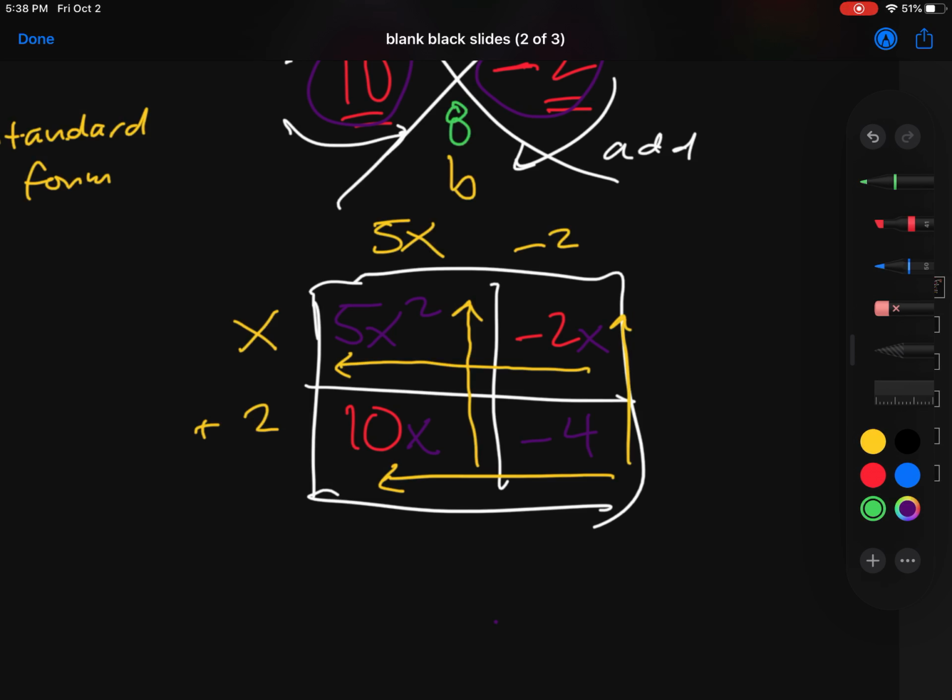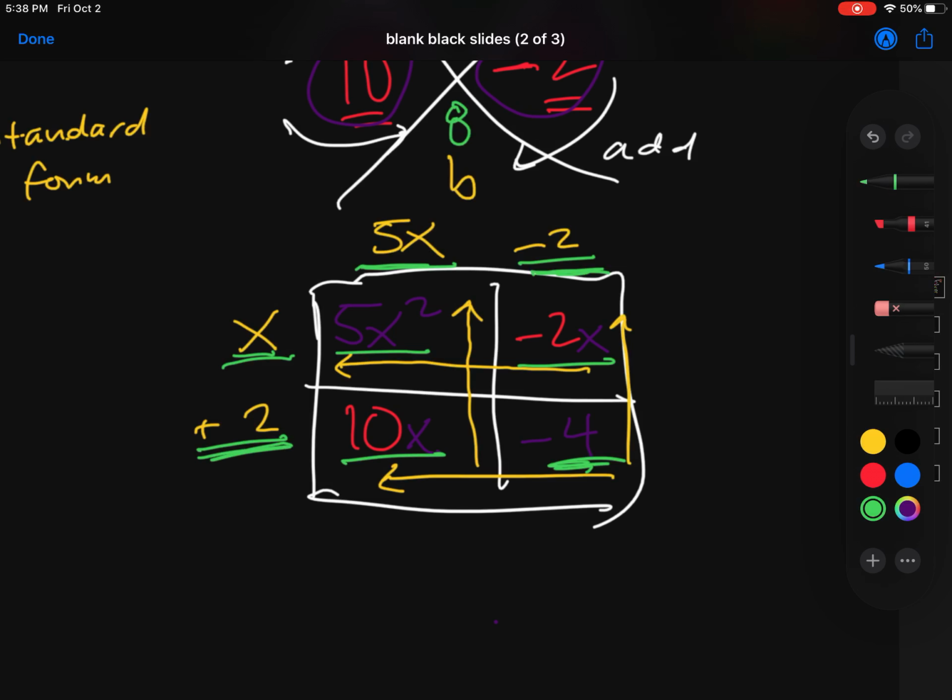How do you check this? x times 5x equals 5x squared. x times -2 gives me -2x, and 5x times 2 gives me 10x. 2 times -2 equals -4. So basically to go from the inside of the box to the outside, we are taking the greatest common factor of factoring.